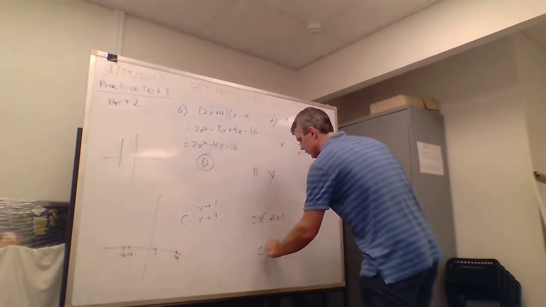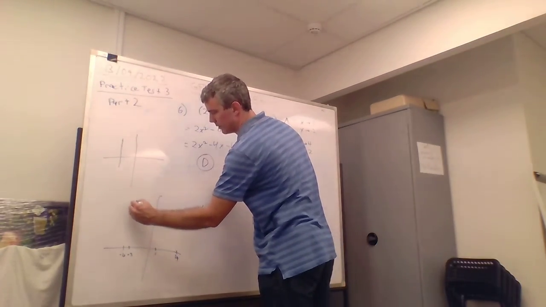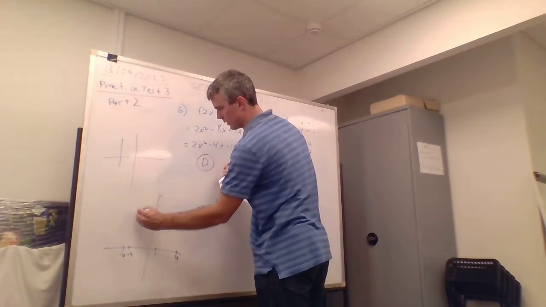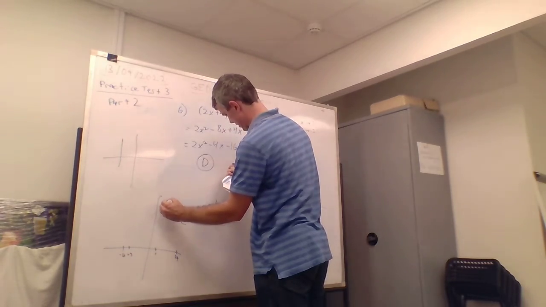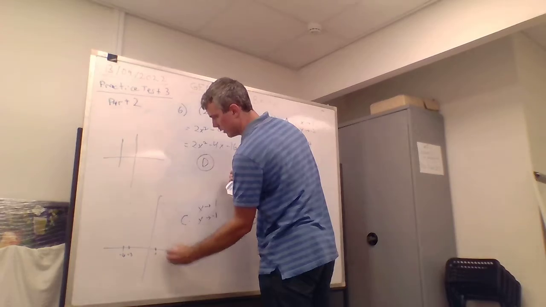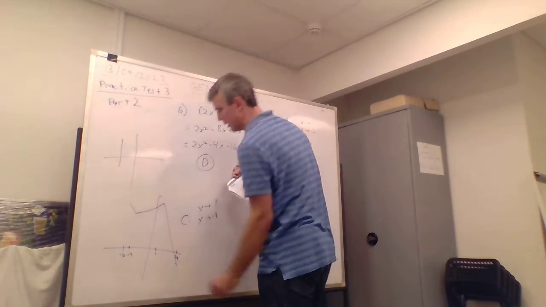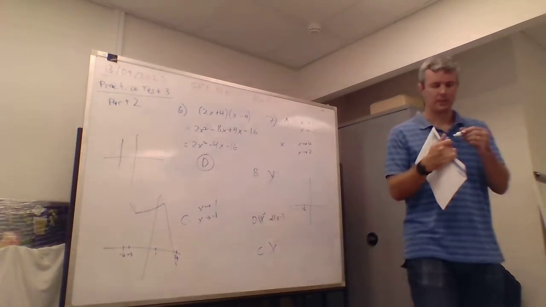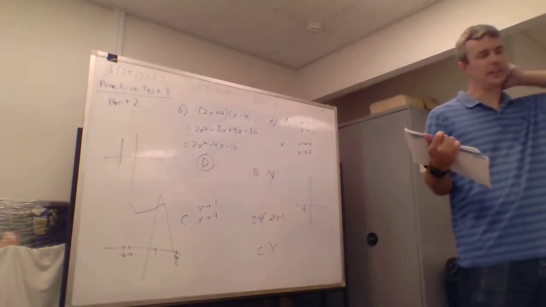We have 7 right here, and it goes to 5, and it comes back up to 7, and then 4 is minus 1. So it kind of goes like that. I was looking for something that was in a straight line, but the function doesn't actually have to be a straight line.